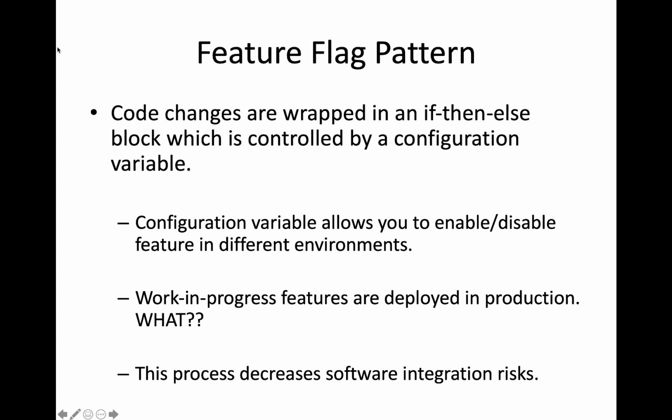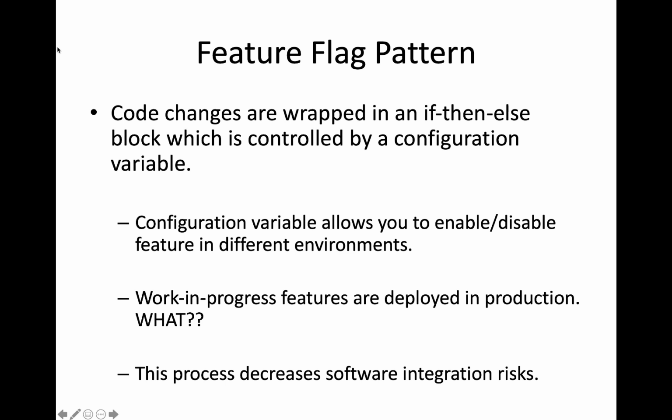So essentially what that means is that all of our code changes that we're making are going to be versioned and they're going to be wrapped in essentially like an if-then-else block that is going to be controlled by a configuration variable. And what this will allow us to do is that when we deploy our code into production, we will have the ability to turn code on or off depending on one of these feature flags, which is essentially controlled by something like an environment variable.